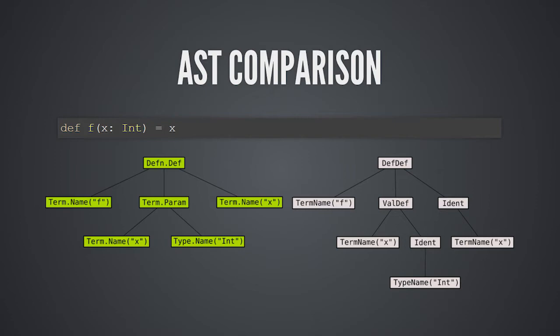I guess it's not a big surprise that these trees look quite similar, but I still find it interesting that the ScalaMeta tree is smaller. It contains exactly the same information, so one could say it's a little bit more intelligently structured.